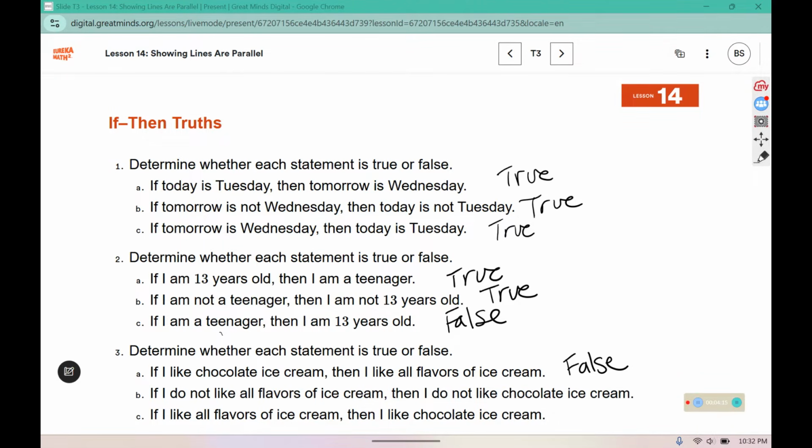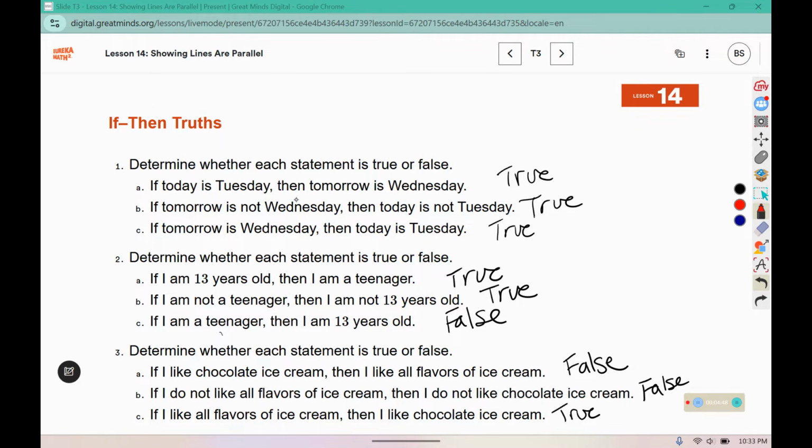Well, in order to not like all flavors, you just need to dislike one of them. So maybe you don't like strawberry. Then it would be true that you don't like all flavors. But that doesn't mean that you don't like chocolate. That just means you don't like the strawberry. If I like all flavors of ice cream, then I like chocolate ice cream. That one is true.